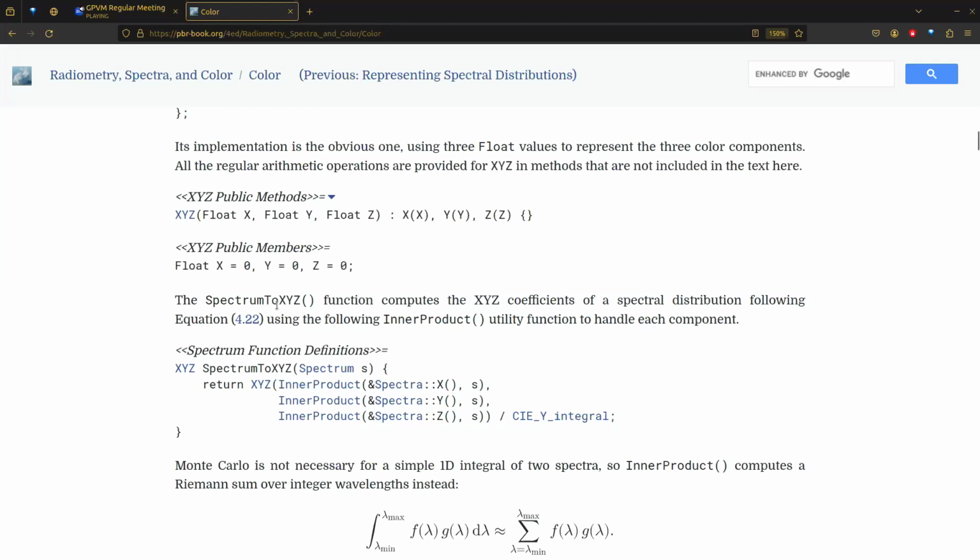So SpectrumToXYZ computes the XYZ coefficients for a spectral distribution.